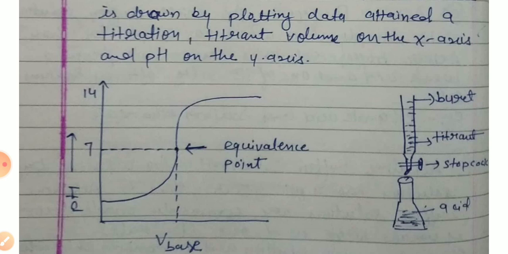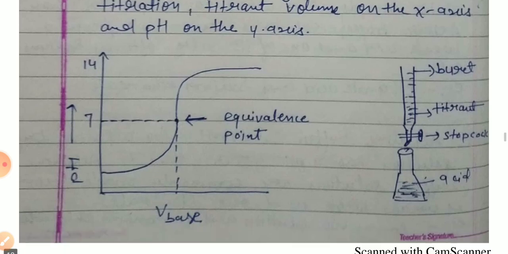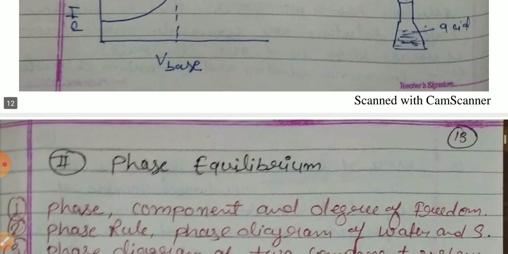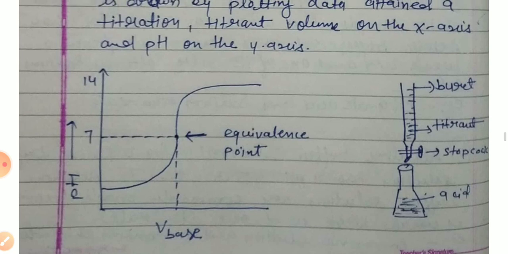The point where the color changes from colorless to pink is known as the end point, as well as the equivalence point for the titration. So by this titration we identify the value at which the solution changes from acid to base. Okay, so this is all about chemical equilibrium.